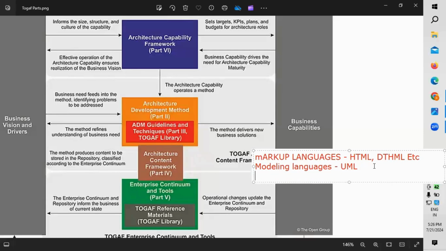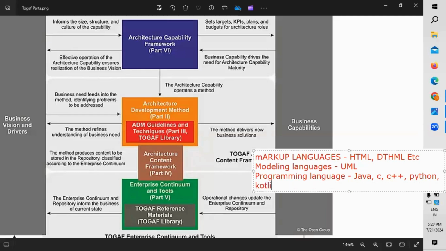Modeling language. The third one is called programming language. Either it can be Java, C, C++, Python, or Kotlin.